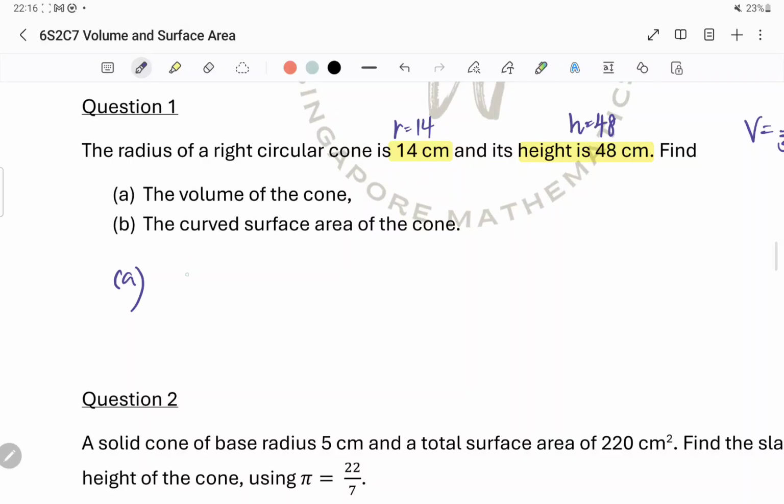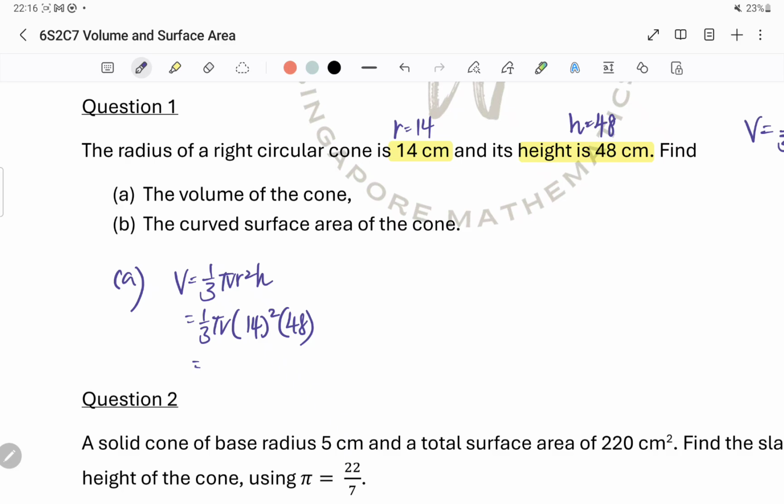So here we have volume equals 1/3 pi r squared h. Put in your values: 1/3 times pi times 14 cm squared times your height of 48 cm. Press it into your calculator and see what you get.